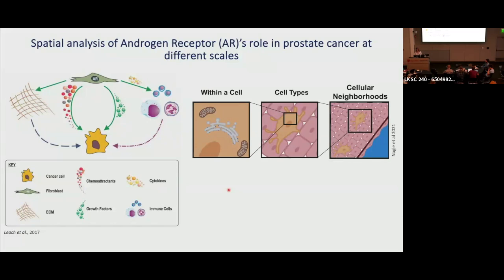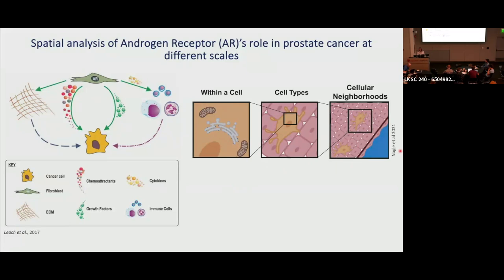It has been shown that the loss of AR expression in the stroma is linked to cancer relapse and poor prognosis. However, there are no previous reports of delineating non-immune stromal cell types in human adenocarcinoma based on AR expression.